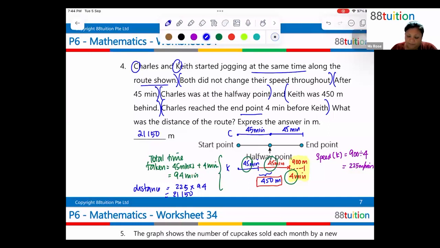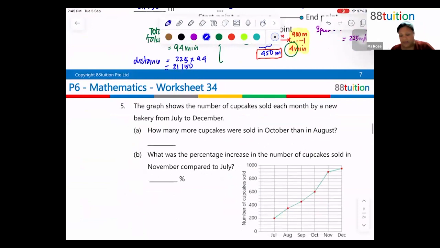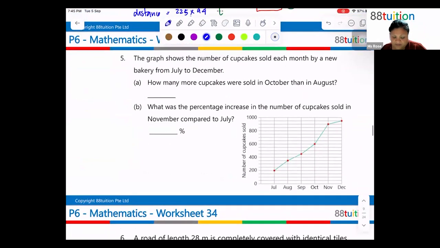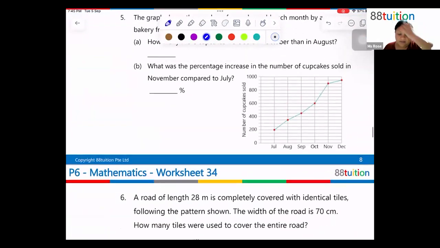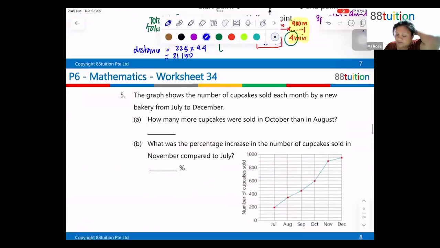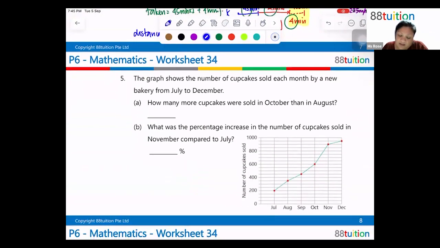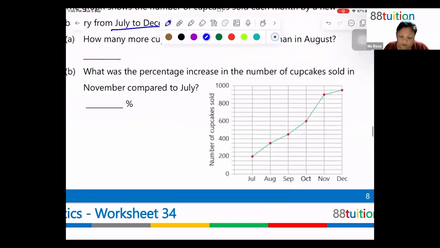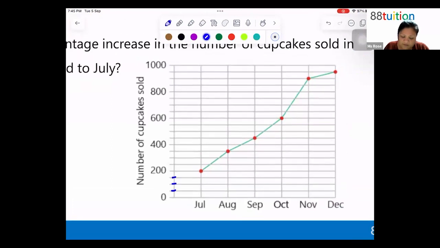All right. Now, let's look at question number 5. So again, another graph question. Okay, so the graph shows the number of cupcakes sold each month by a new bakery from July to December. Okay, so now, what does each division represent?